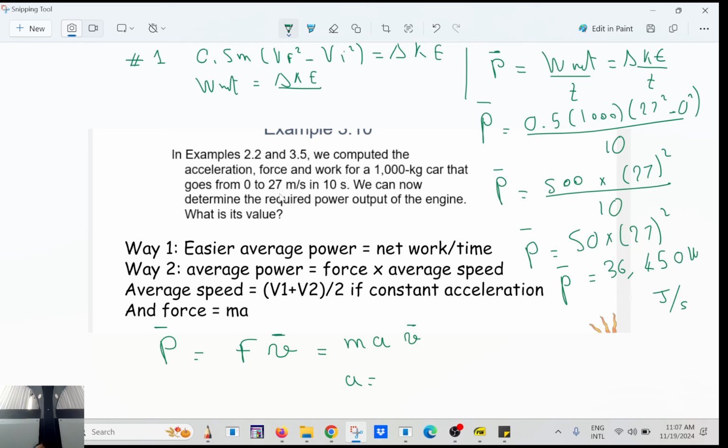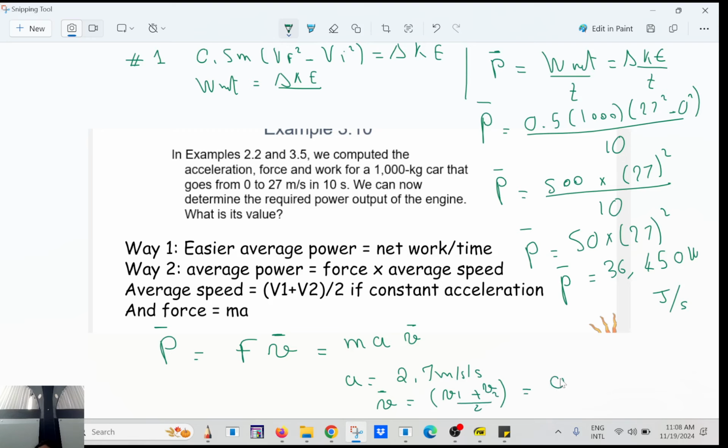Remember, we are reviewing for the final, right? You go from 0 to 27 in 10 seconds. So the acceleration will be 2.7, very good, 2.7 meters per second squared. So we have the mass, we have the 2.7, and remember that equation that I told you to memorize: the average speed, if the acceleration is constant, equals initial plus final divided by 2.